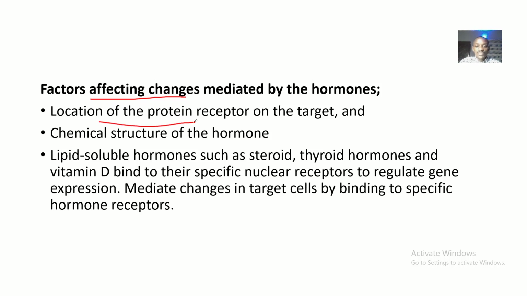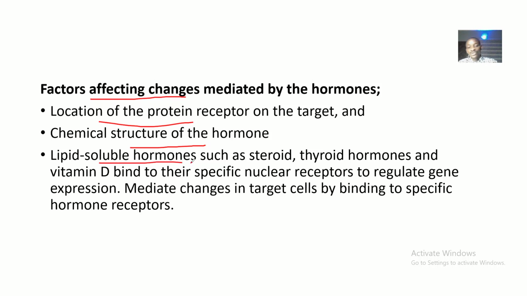The location of the protein receptor on the target actually means a lot. It could be that there are receptors on the surface of the cell, but they are not in sufficient amount, so the hormone action cannot be 100% because the receptors for it are low. Then the chemical structure of the hormones matters.